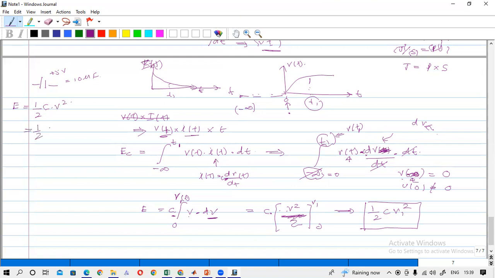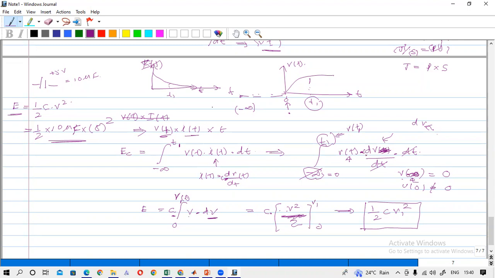Half is there, C is 10 microfarad, into V square. V is now 5 volt. If you are asked at 2 volt, you put 2 volt here; at 3 volt, you put 3 volt. We are asked at 5 volt, so it is 5 square. You can simplify and get the energy of the capacitor.